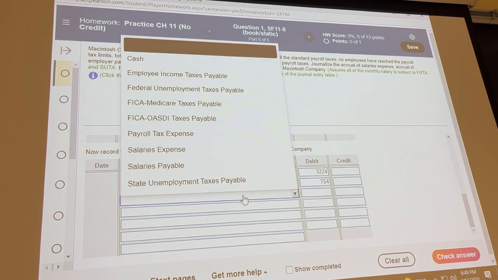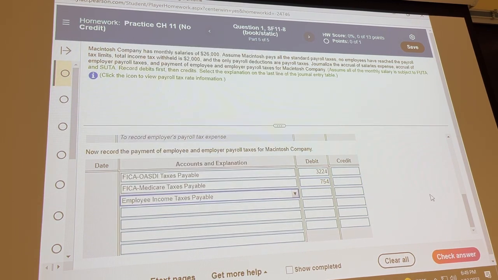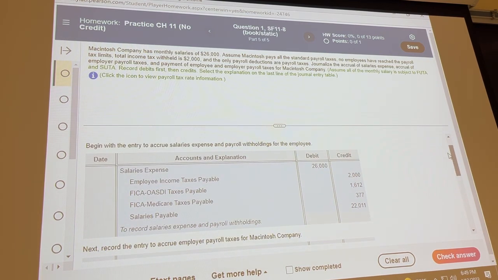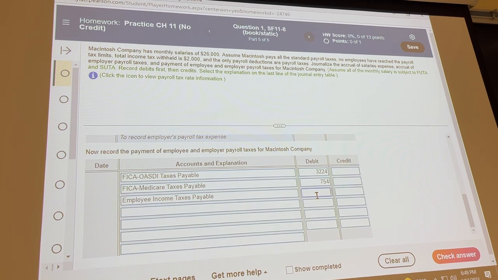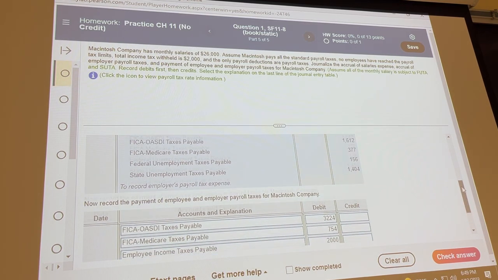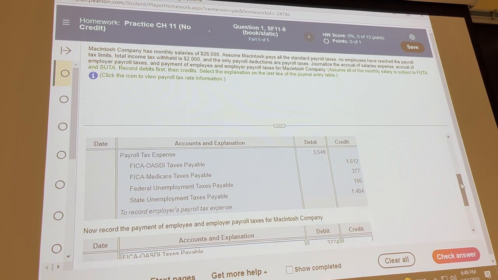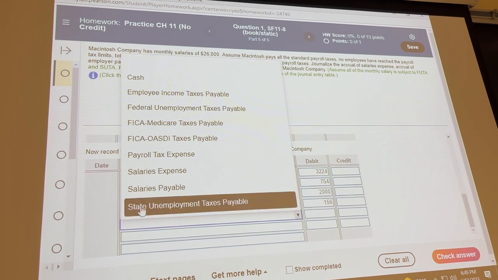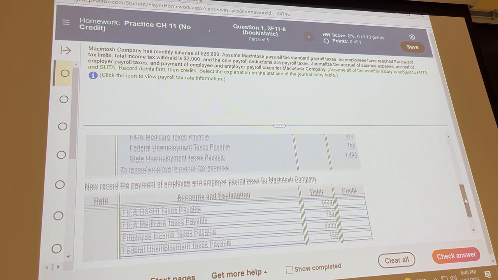Then next we could put employee income taxes payable. That would come just from the journal entry for the employee. That was $2,000. And next we could put the FUTA, federal unemployment. That comes just from the employer. That was $156. And then we have SUTA, and that comes just from the employer.